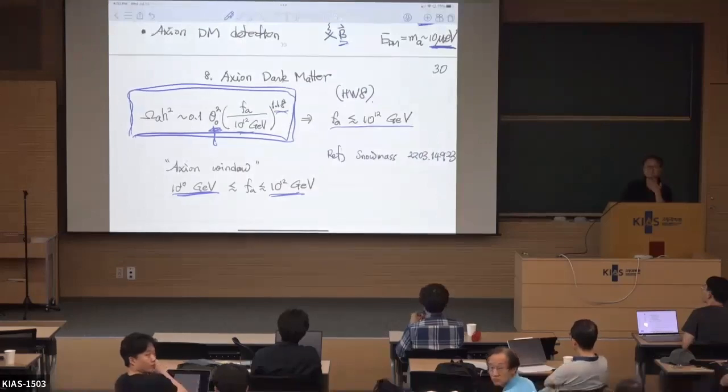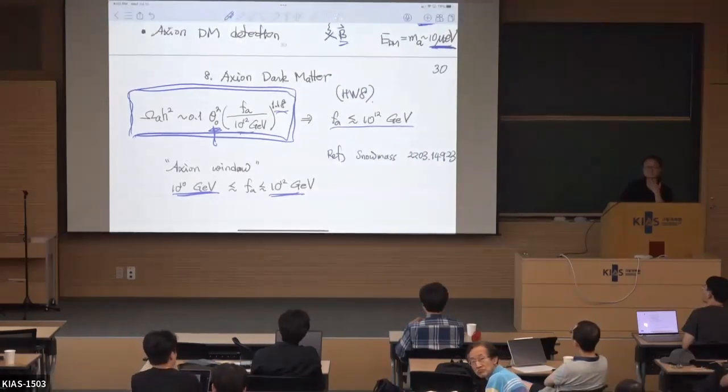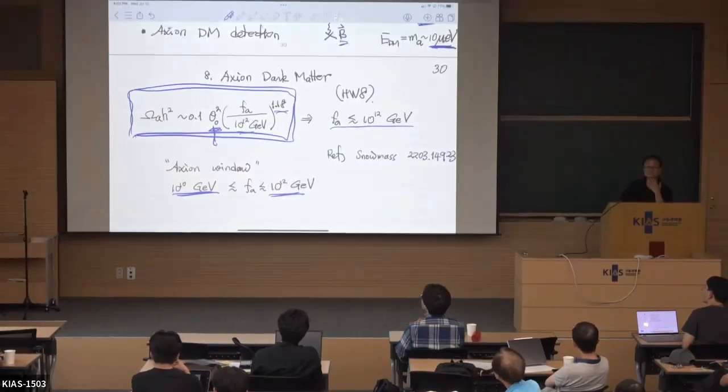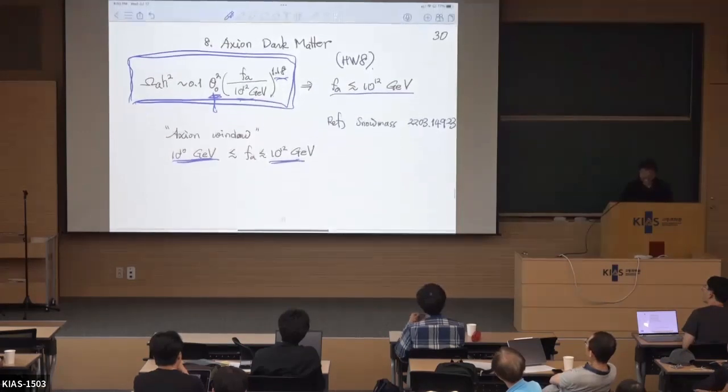You understand that bound. The lower bound is kind of general, if we do not consider the axion as dark matter. But the upper bound is if we think of it as dark matter. Exactly. If you don't want the axion to be a dark matter candidate, you throw it away.